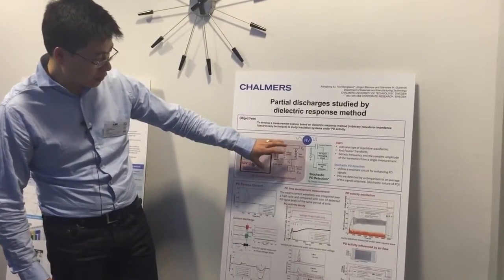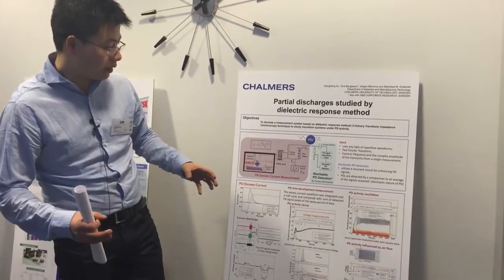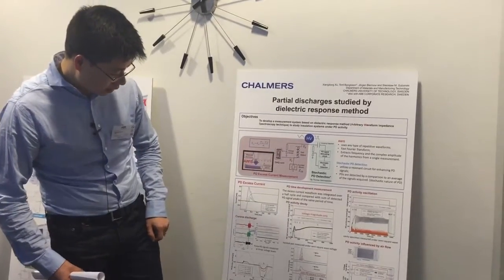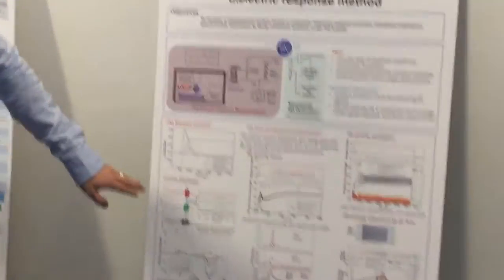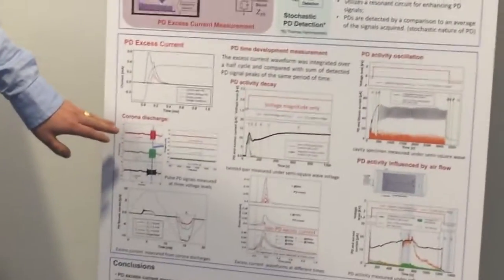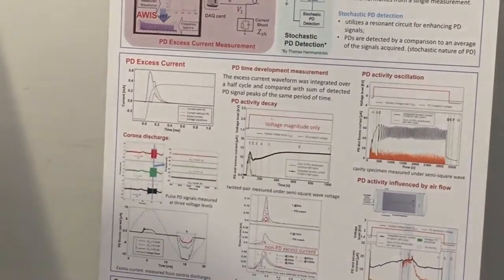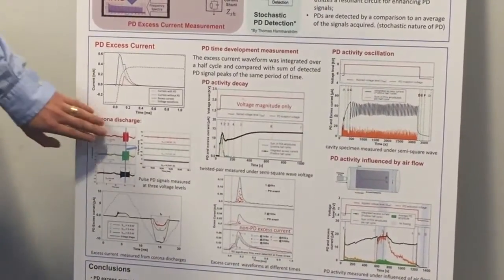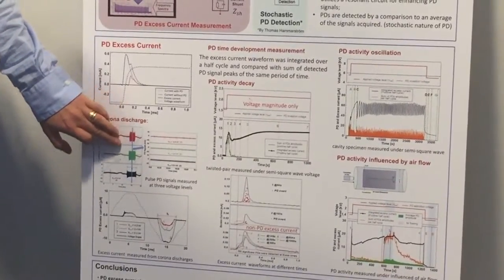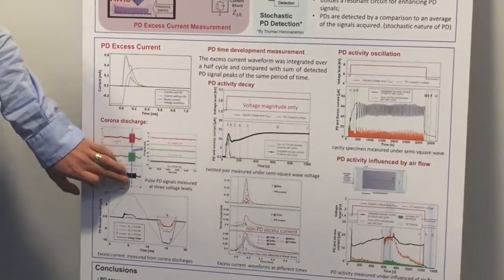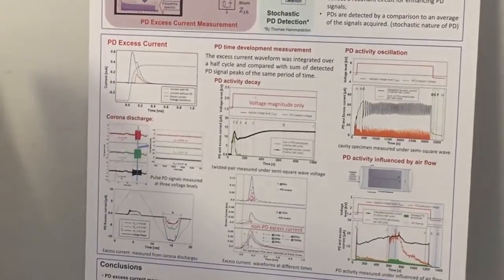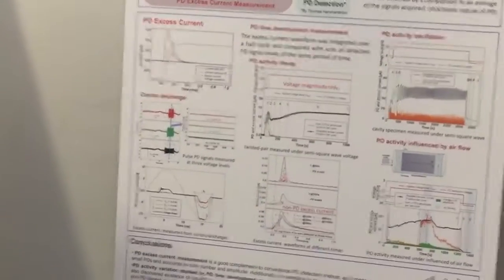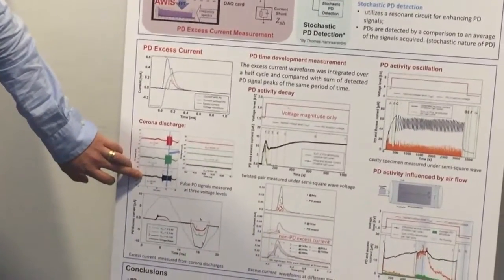With these two systems, we can measure the PD activity simultaneously, both from the voltage side as well as from the current side. The first example we showed here is the PD activity from a corona needle-plate electrode, where we increase the voltage to 3 different voltage levels. We can see the PD activity from the negative half cycle: the amplitude reduces, but the density increases, while the positive half cycle has some occasional big PDs.